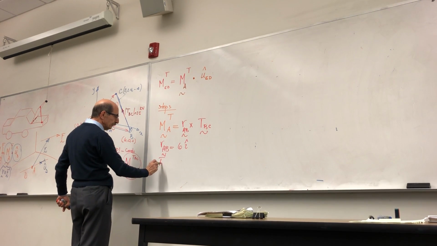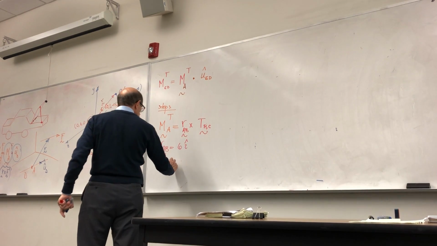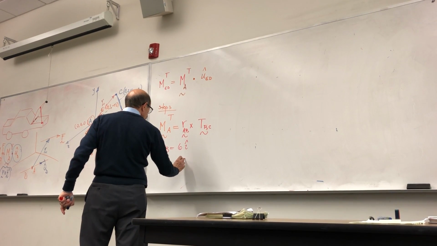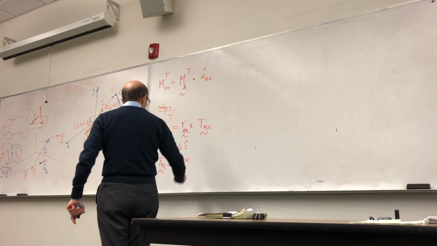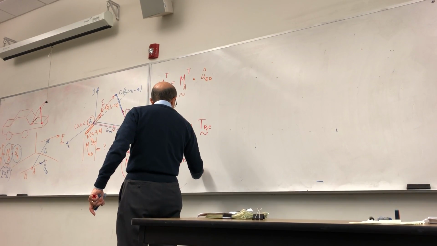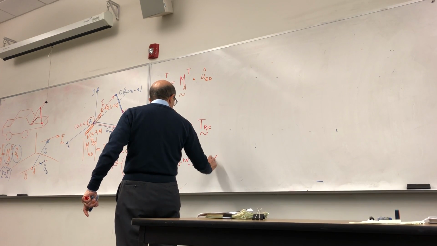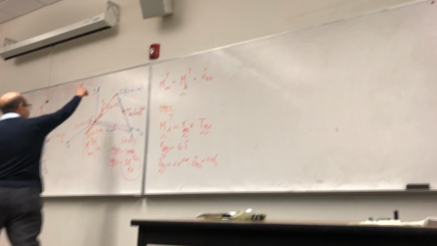Force in BC is what? Magnitude of the force, 2.5 kilonewton, times the unit vector of BC. So it would be 2.5 times, what is the unit vector of BC?